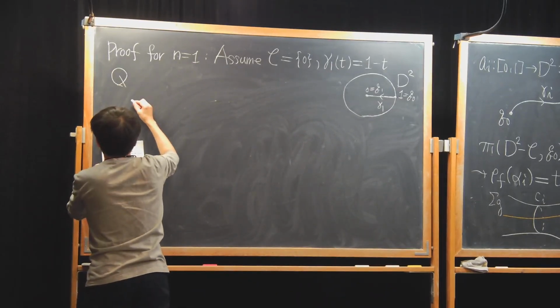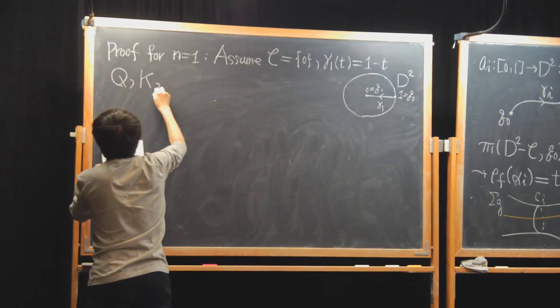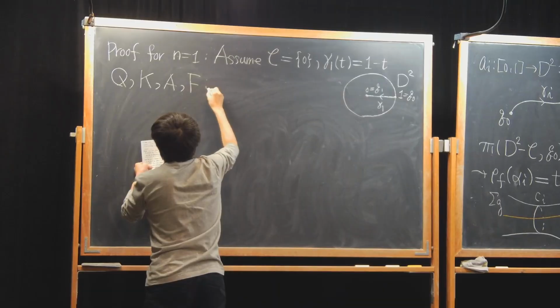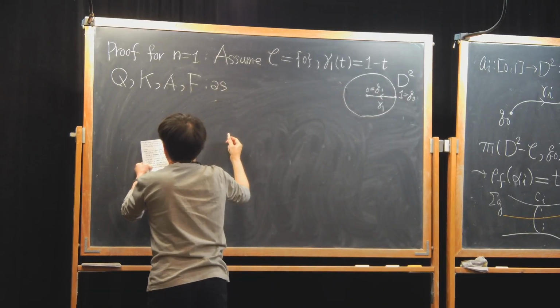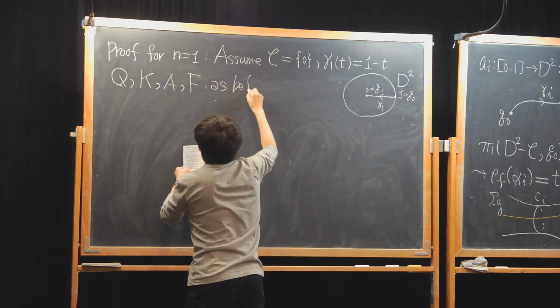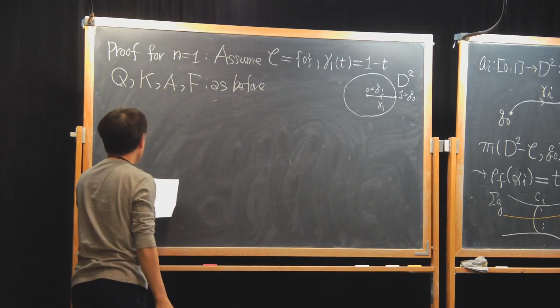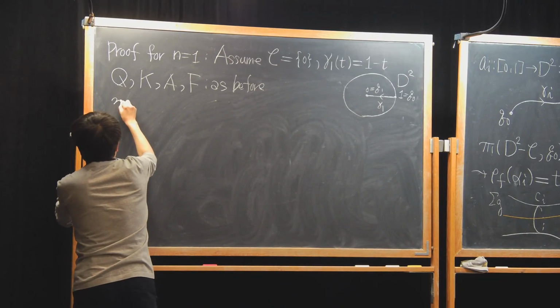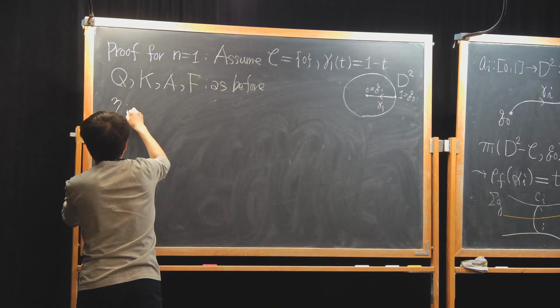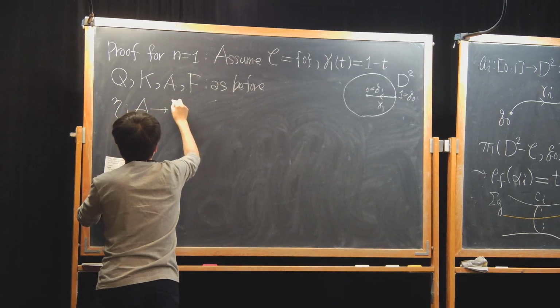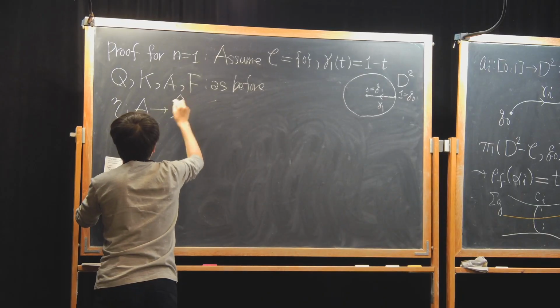And let Q, K, A, and F be as before. And eta is a map from A to Q hat.